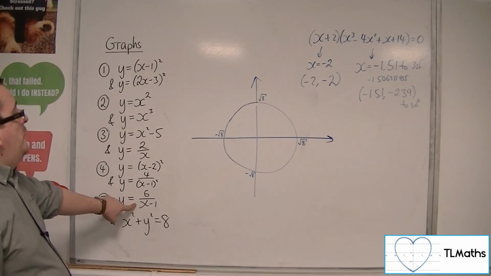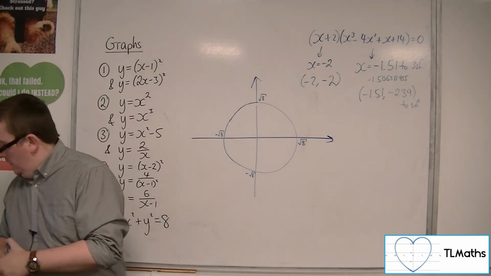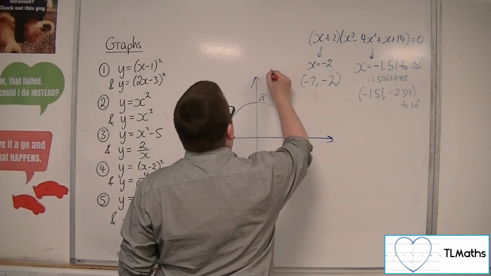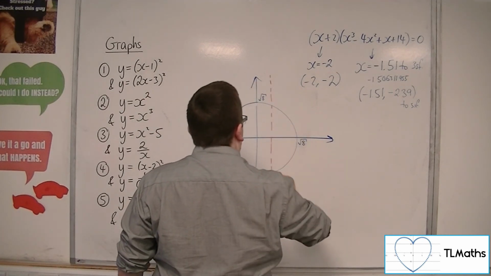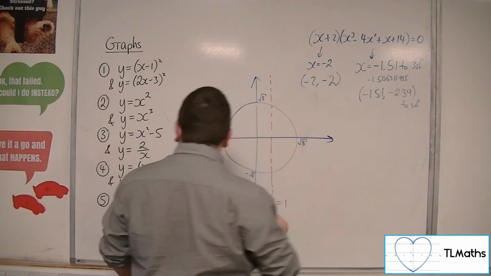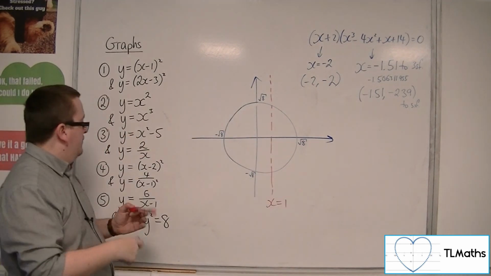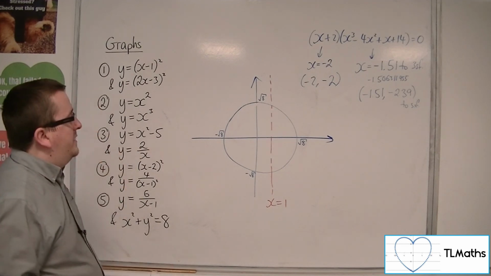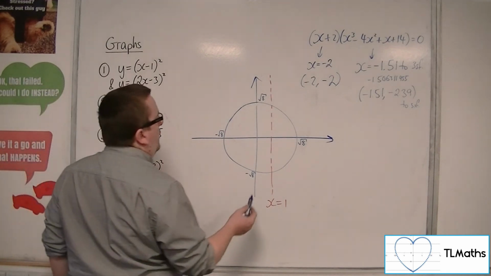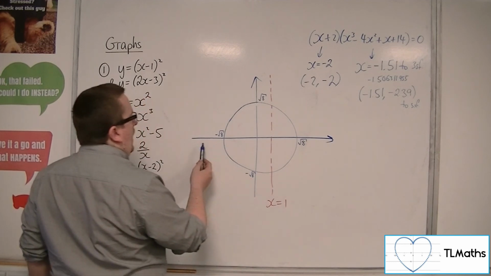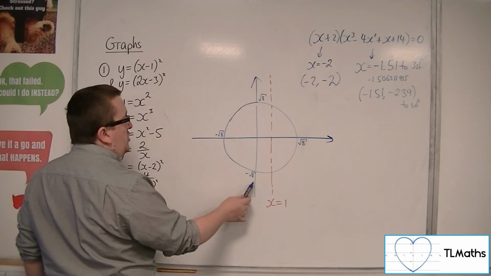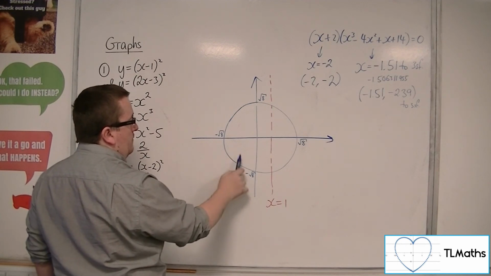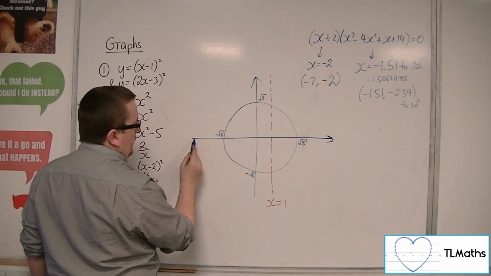And then you've got this 6 over x minus 1. So a curve that has this vertical asymptote at x equals 1, and it is intersecting the circle at 2 points, both of which are in the negative quarter.